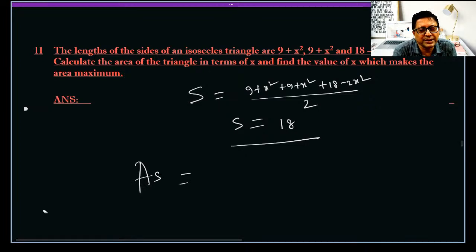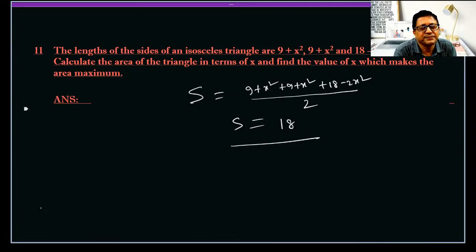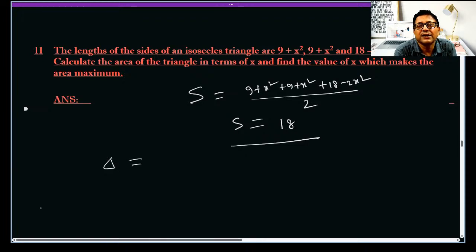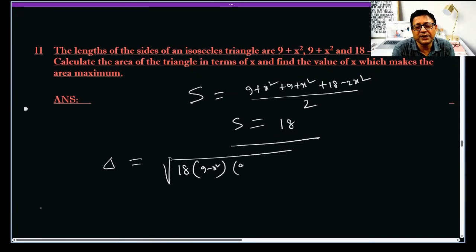Now just write the area, delta, equal to root of S into S minus A into S minus B into S minus C, that is 2x square. So it's very easy now.